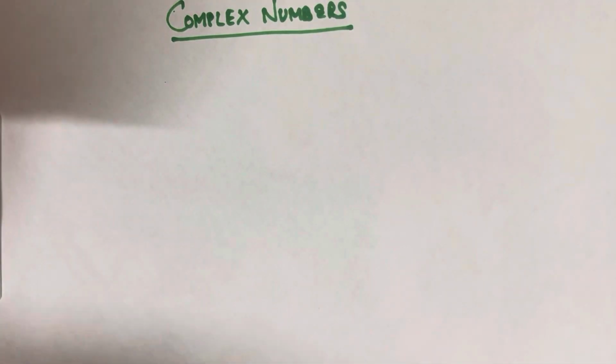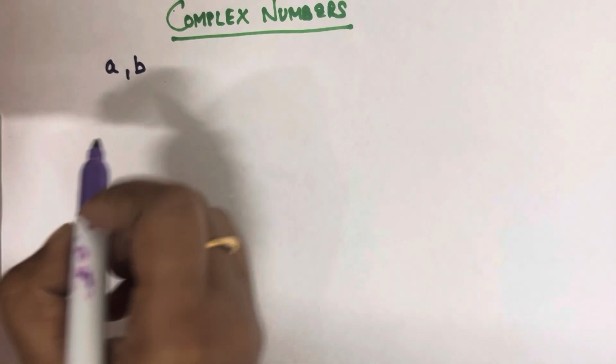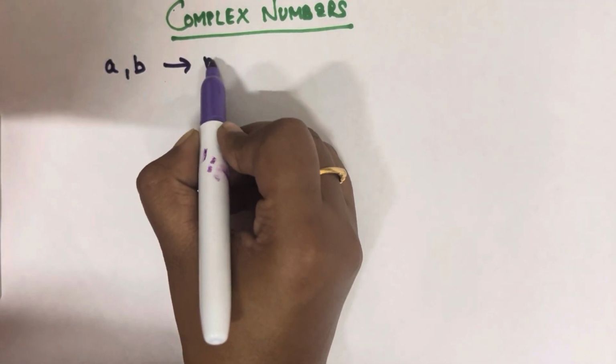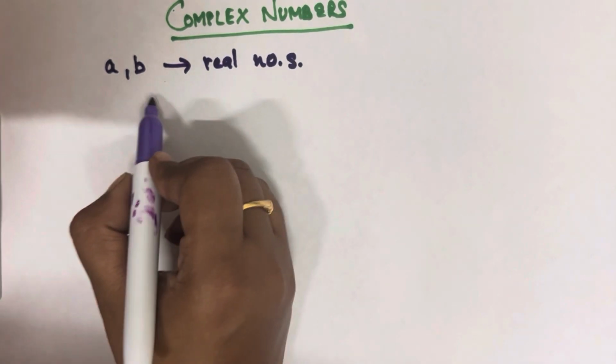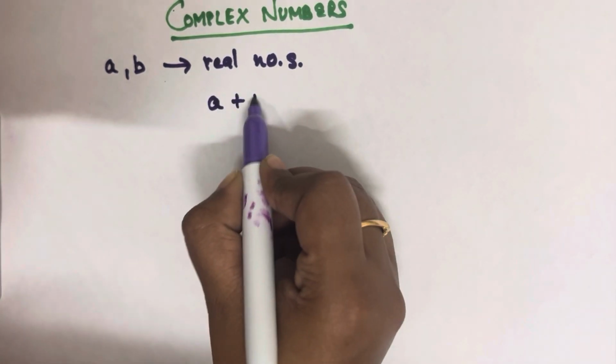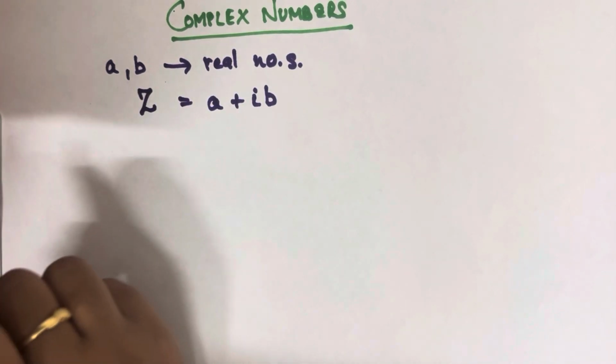So let's get into it. Now we will talk about complex numbers. If a and b are two real numbers, then the form a plus iota b will be equal to z, that is a complex number.